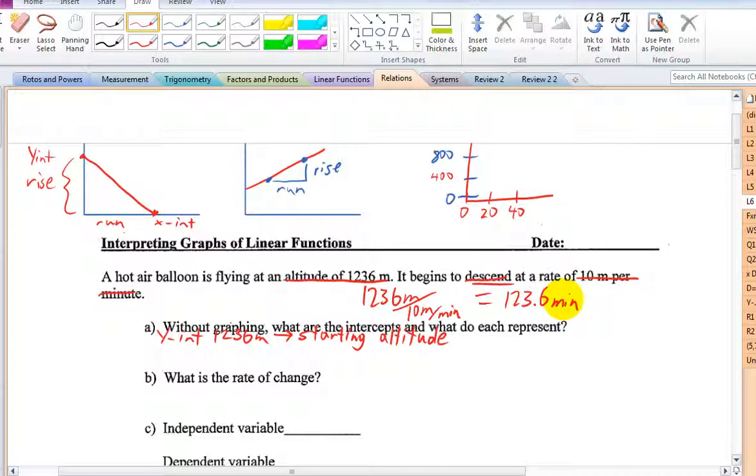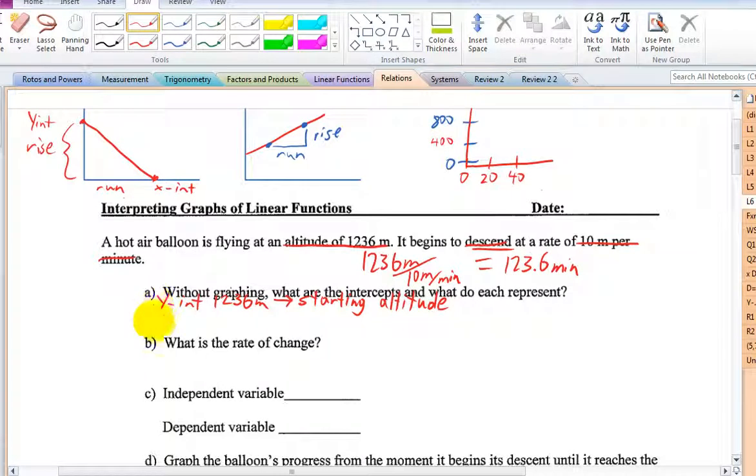You're not going to do this too often, so don't be concerned about what I just did. I divided my altitude by my rate of change to figure out how long it takes to land. So my x-intercept is going to be 123.6 minutes. That is the time of descent, or time to descend.